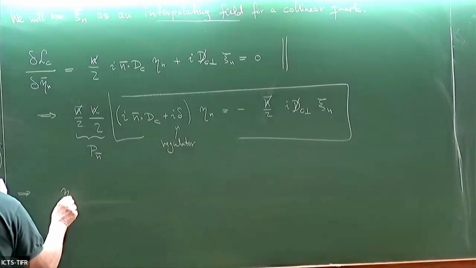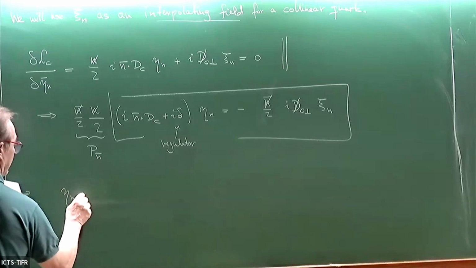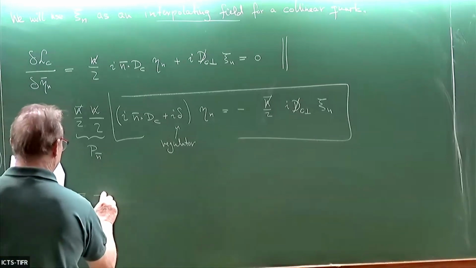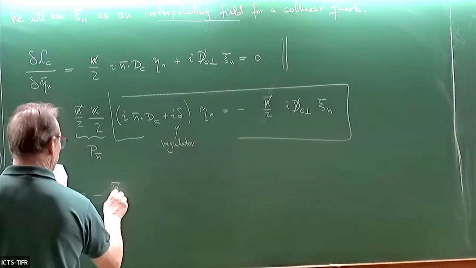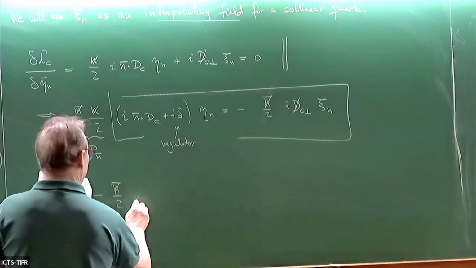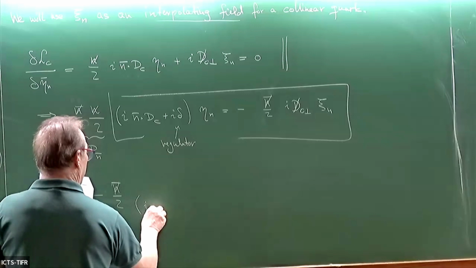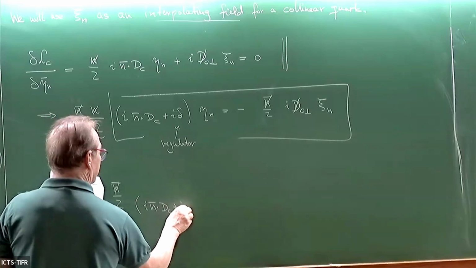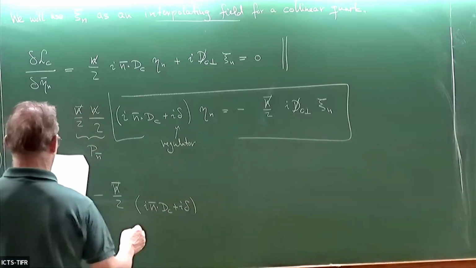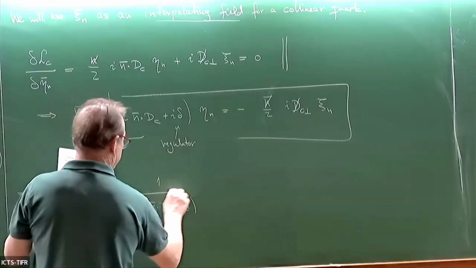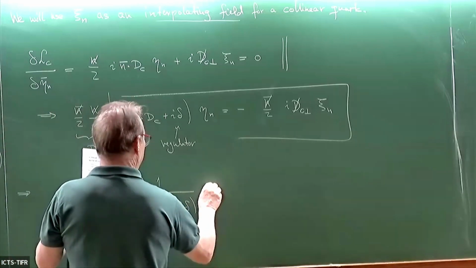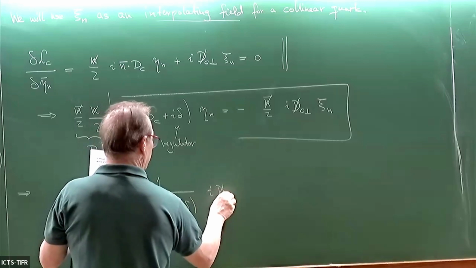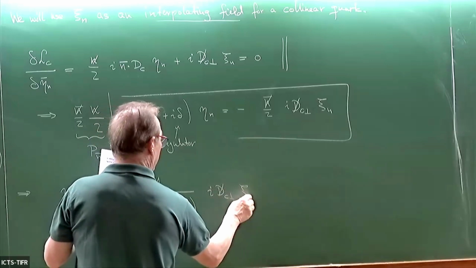And the solution will be eta_n is equal to minus n-slash over 2, the inverse of n bar dot d collinear plus i delta, i d-slash collinear perp acting on xi.